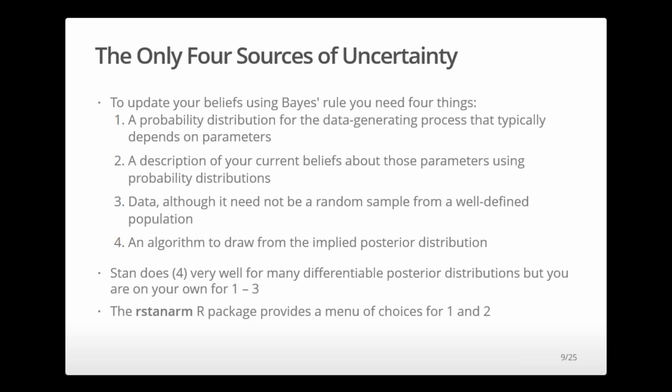The rstanarm package makes it a little bit easier to do steps 1 and 2 by providing a menu of choices, but certainly you need to obtain data that is reasonably consistent with the choices that you make about the data generating process and expressing your beliefs about those parameters in that model.